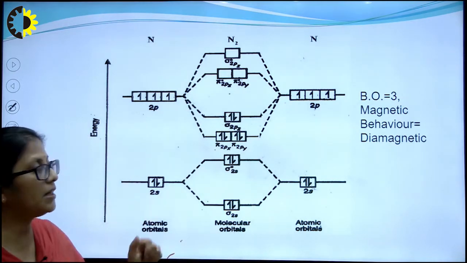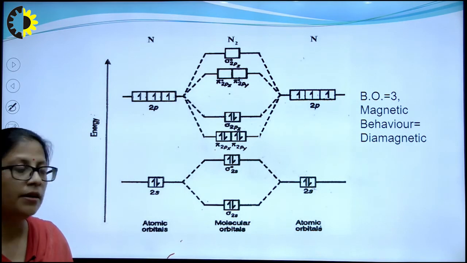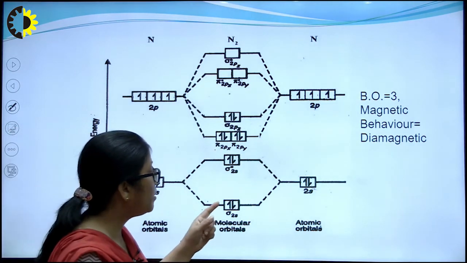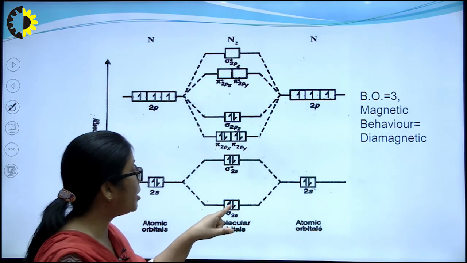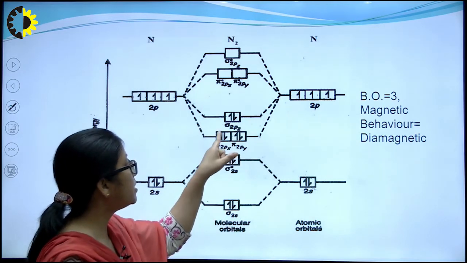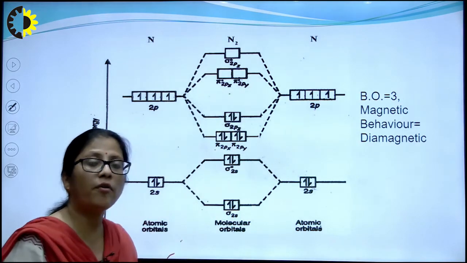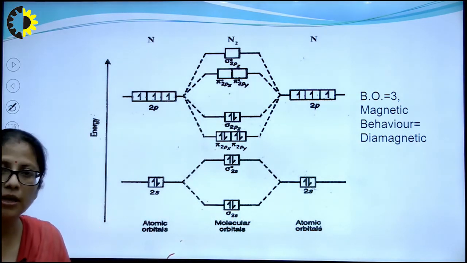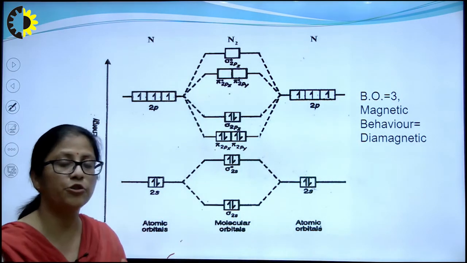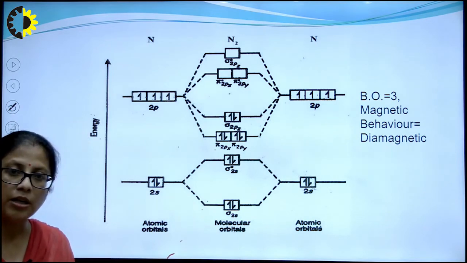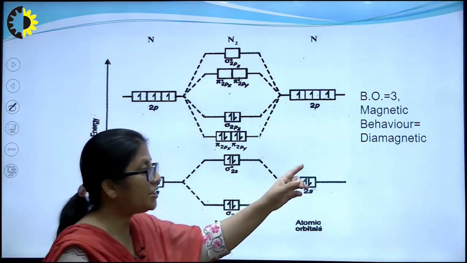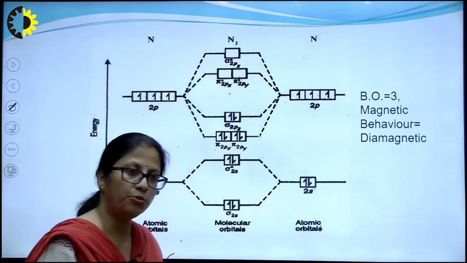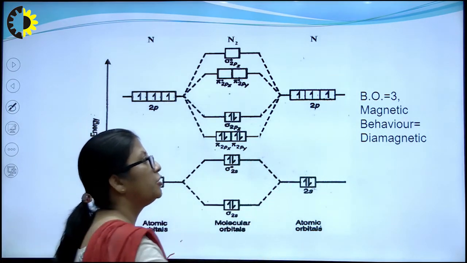If we calculate the bond order, the bonding molecular orbitals have 2, 4, 6, 8, a total of 8 electrons, and 2 electrons in the anti-bonding molecular orbital. The 1s electrons are going to cancel out each other. So, 8 minus 2 divided by 2, which comes out to be 3.